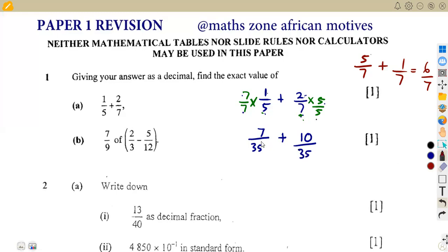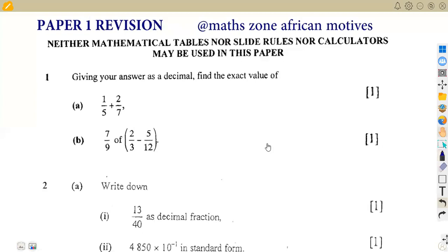Once you have these denominators being the same, you can simply add the numerators, like the given condition that I was explaining here. So it's going to be 7 plus 10, which is 17 over 35. So it can be another way, and we are just supposed to be careful also on our simplification.